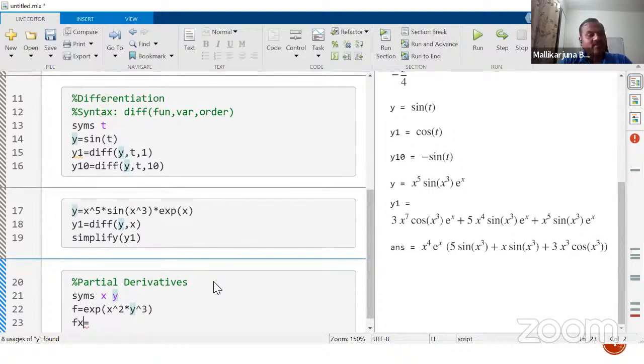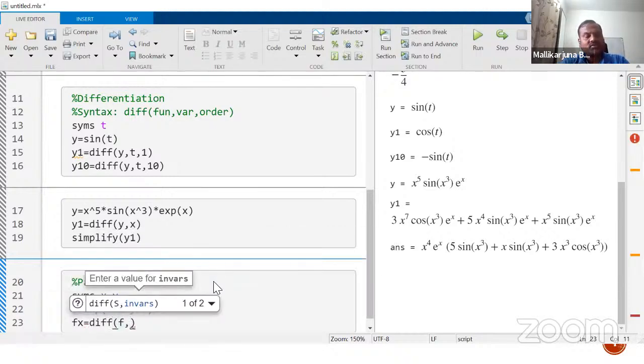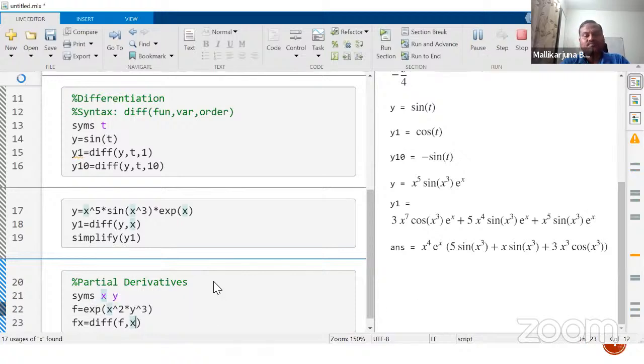Now the function is in terms of x and y, that is why we are defining x and y here. So x and y are defined as symbols. Then consider the function. We are differentiating only with respect to x, so differentiation of the function with respect to x only, fx.